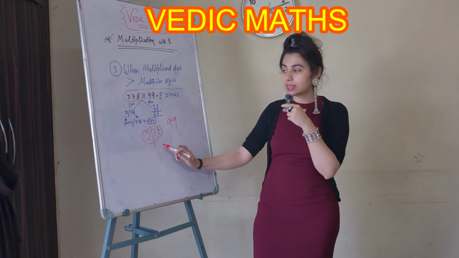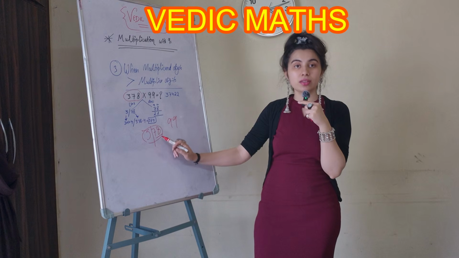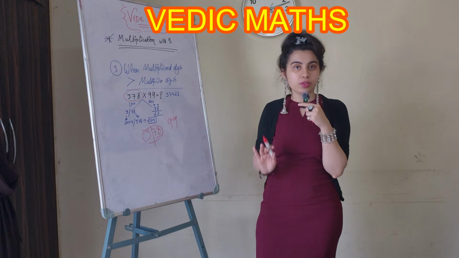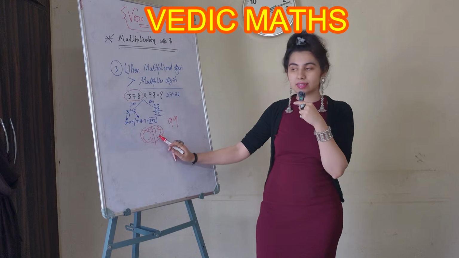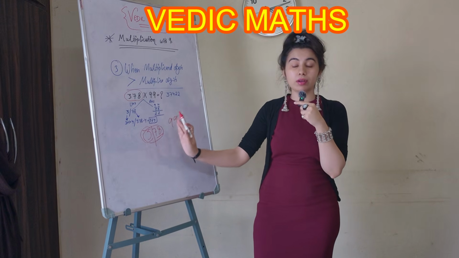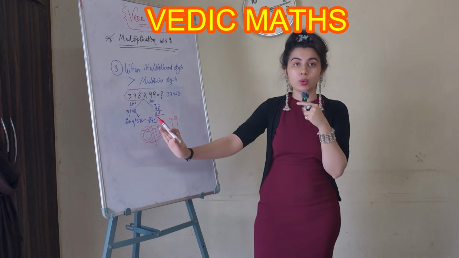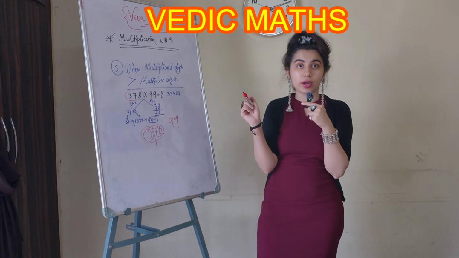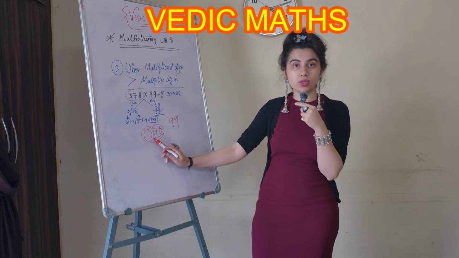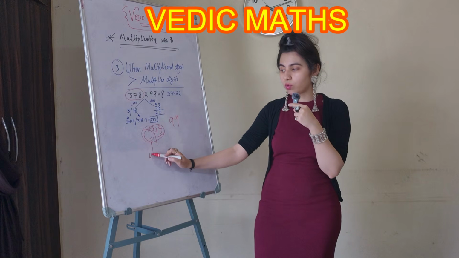Now this is 3/78. Now what you got to do is, in the digit before the slash, add 1. So this is 3, and 3 plus 1 is 4.